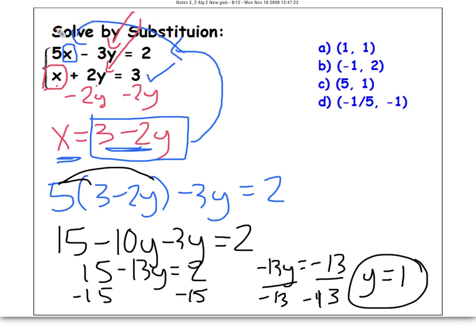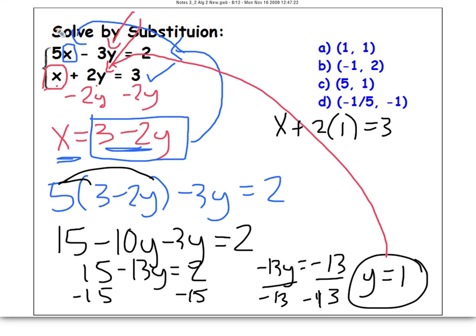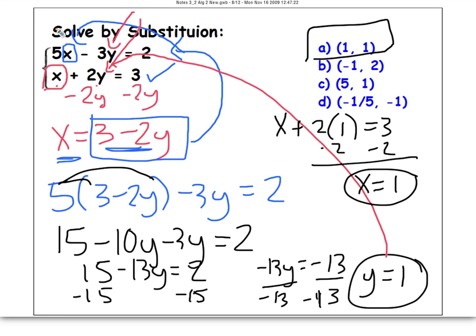So I'm going to take this y value, plug it into there, and see what I get. So I will leave you with x plus 2 times a 1 for y equals 3. To solve this, I'm going to subtract 2 from both sides. Therefore, in this case, x equals 1. If I graph these, they're going to cross at the ordered pair 1, 1.